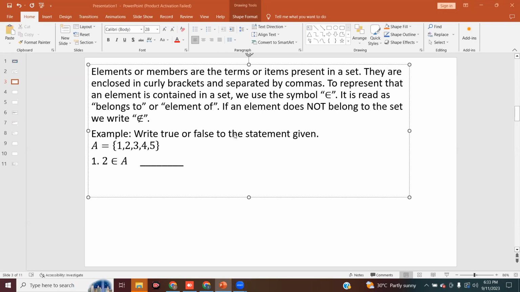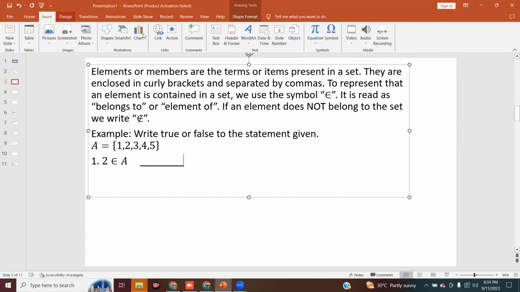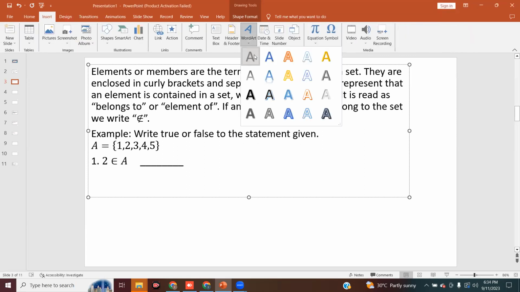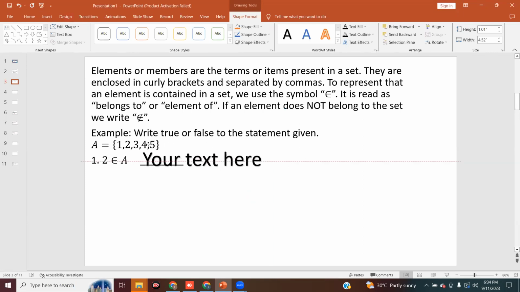Because it says it right there. 2 is a member of set A. Very good. So 2 belongs to the set A. That's why we put true, because 2 is an element of that set. All right. Okay, good. Y'all pretty good.